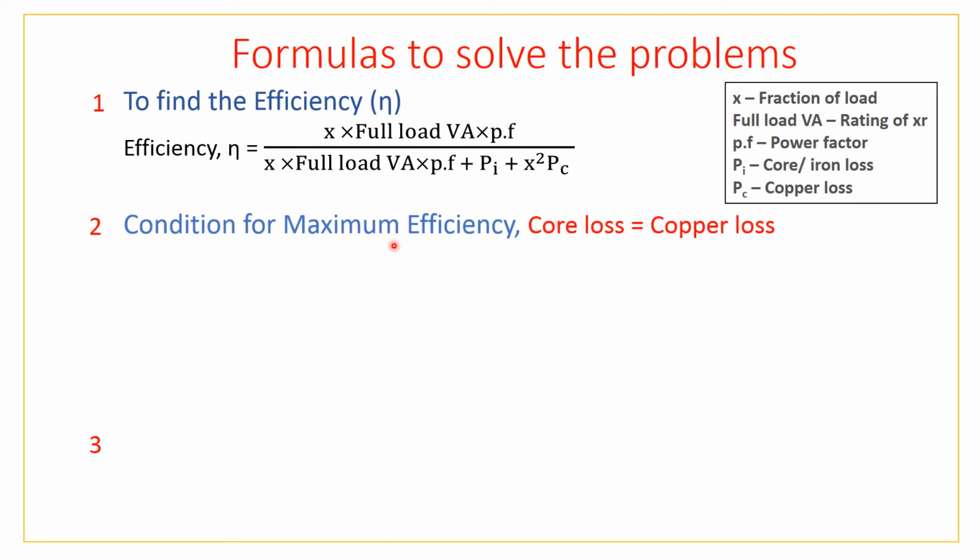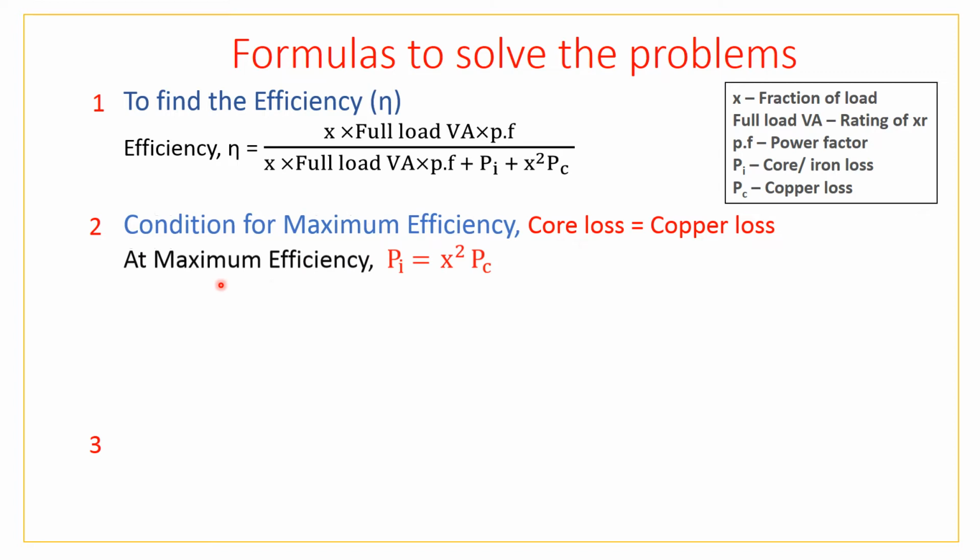Next, the condition for maximum efficiency. Even this we have learnt in the previous session. So what is the condition for maximum efficiency? The maximum efficiency in the transformer will occur when core loss is equal to copper loss. Remember this, when PI is equal to X square PC.